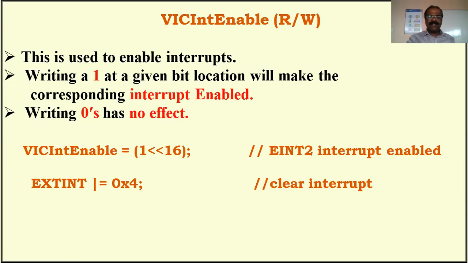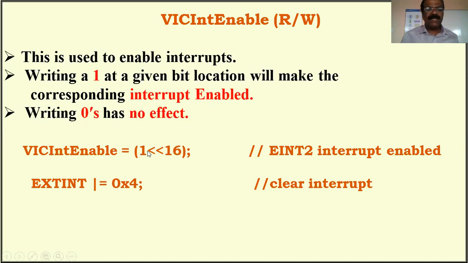In this case, we are writing 1 at bit number 16. What's the meaning of this? If you execute this statement, it's going to shift 1 sixteen times. The remaining bits are 0. Therefore, this data is written into the interrupt enable register.